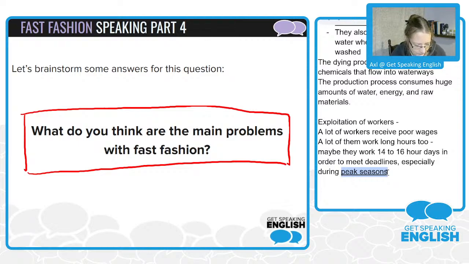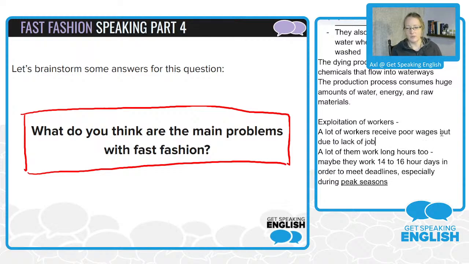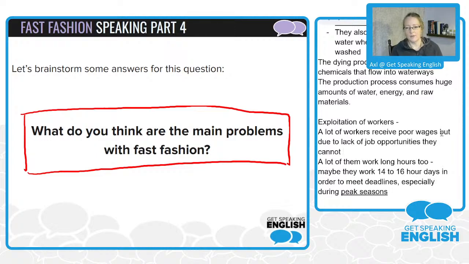I would watch a documentary about people in poor towns in very poor conditions, but they do not have any other choices, right? Yeah, exactly. A lot of workers receive poor wages, but due to a lack of job opportunities, they have no other options for employment.